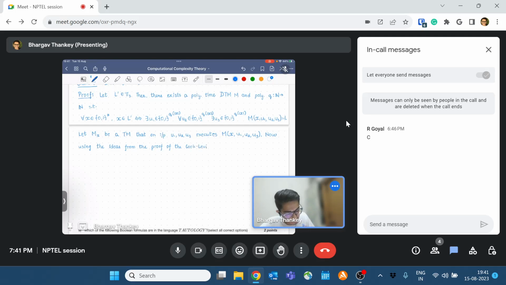We can construct a Boolean formula phi such that phi of u1, u2, u3 is true if and only if mx of u1, u2, u3 is 1, in polynomial time.